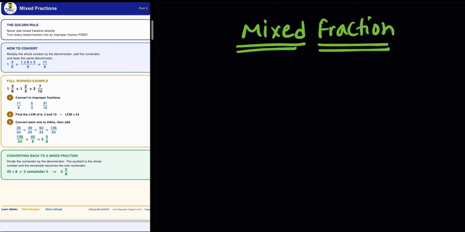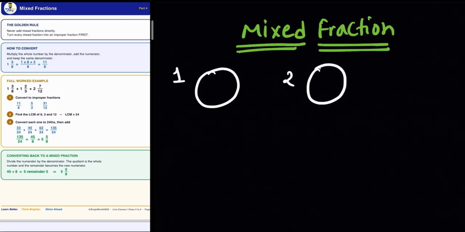Okay, so let me draw here for better understanding. Let me draw two pizzas. First one, here is the pizza, and the second one, another pizza. And this first pizza, you have eaten the whole pizza, and for the second one you have eaten only half a pizza.